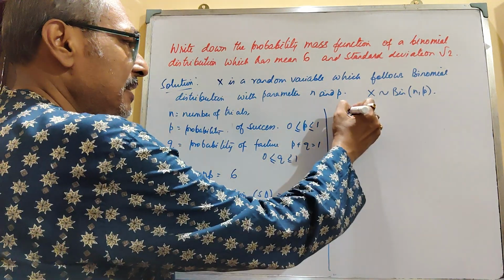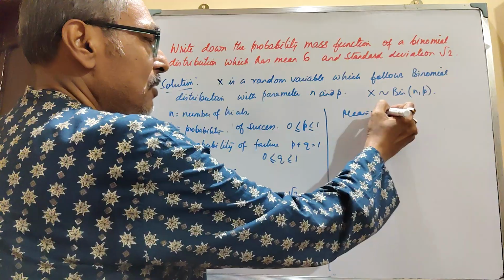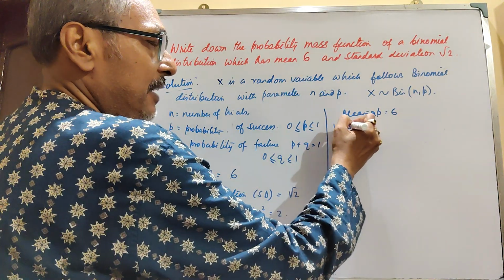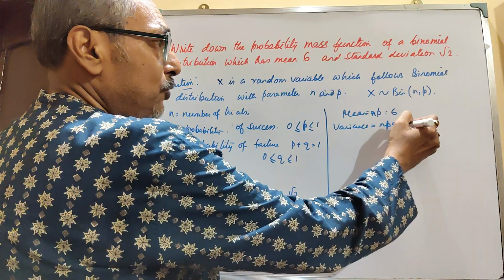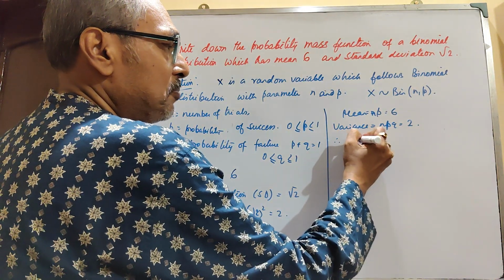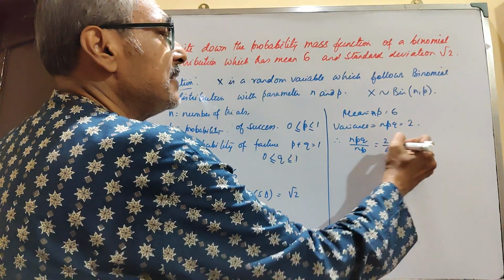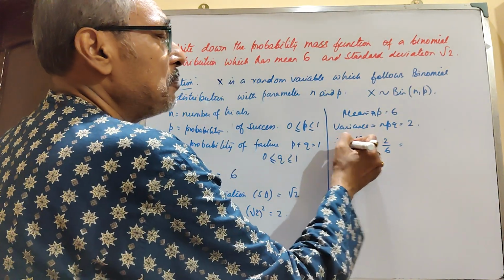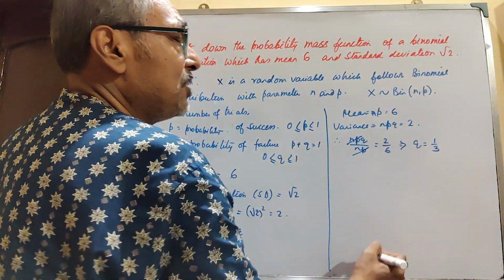That is, mean is np, which is 6, and variance is npq, which is 2. Therefore, npq by np is 2 by 6. np gets cancelled. This implies q equals 1 by 3.